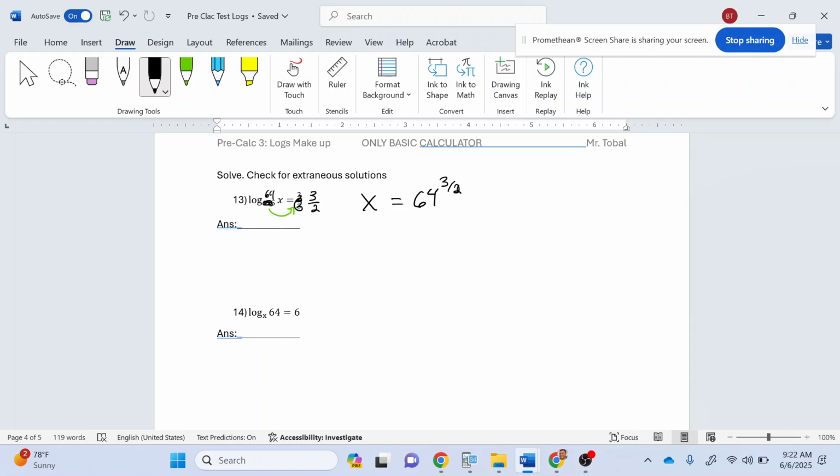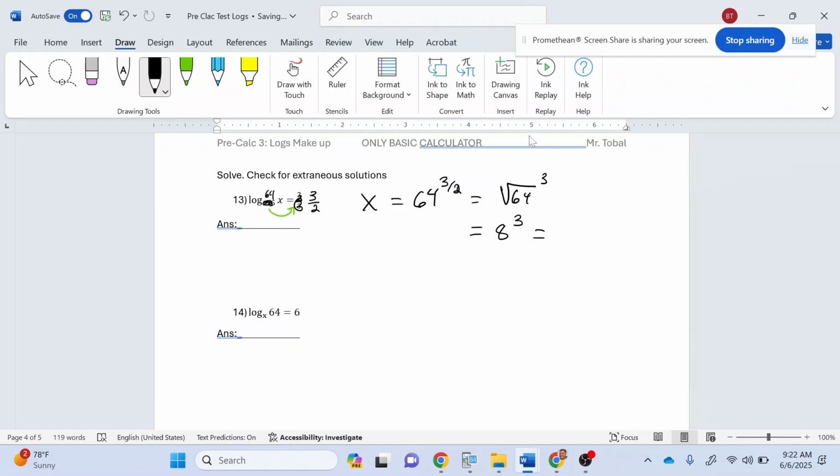All right. So in this case, 64 to the 3 halves. Remember, exponents, if you have a fraction, that is like square rooting. So the square root of 64 is 8, to the 3rd power. 8, 64, 512. This one's not even hard to do in the calculator.